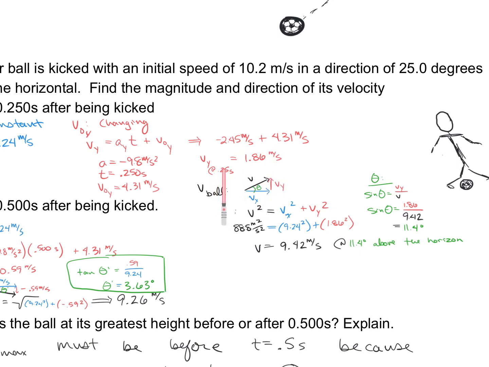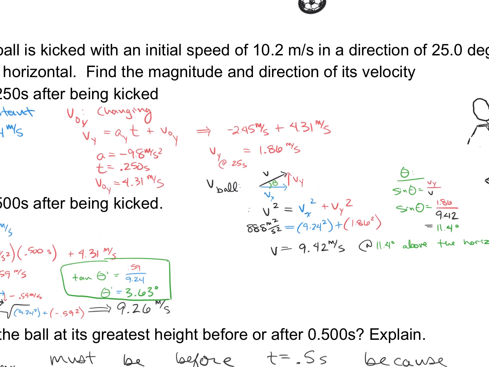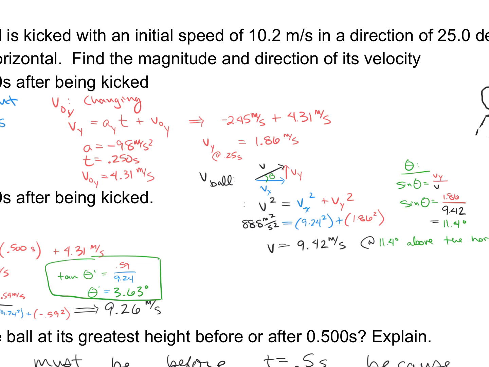So when you substitute 0.25 in for t, this is the velocity that you would get in the y direction, which maybe you'll notice is less than it was at the beginning. And that should make sense because this ball is accelerating in the downward direction. So if you started moving up, as it accelerates in the downward direction, the number becomes smaller. So that's fine. We have the final velocity at 0.25 seconds.